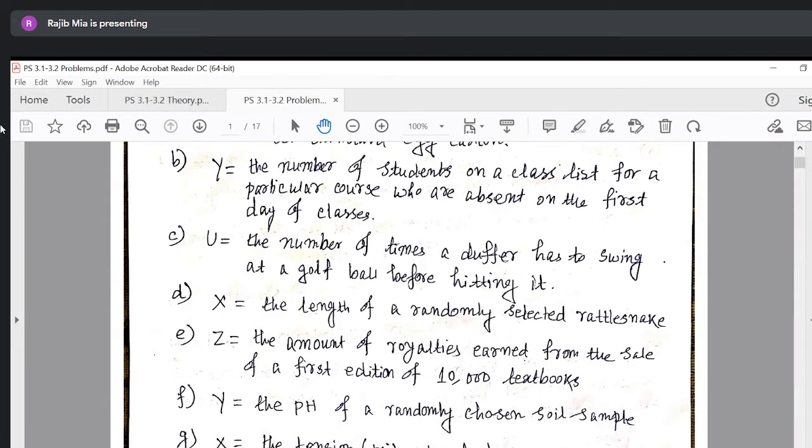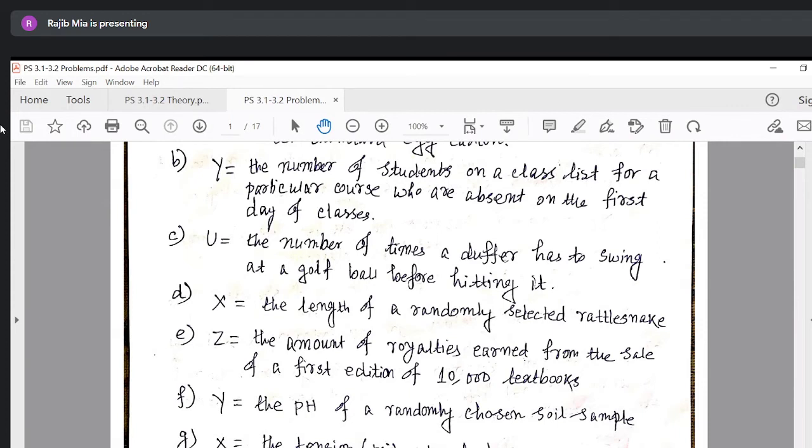So what are the values this x can take? We measure the length of a rattlesnake.